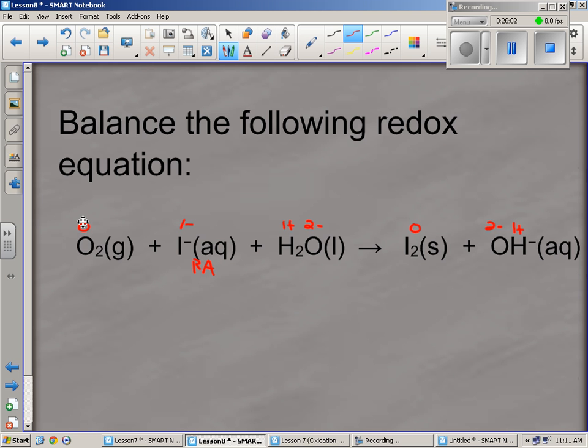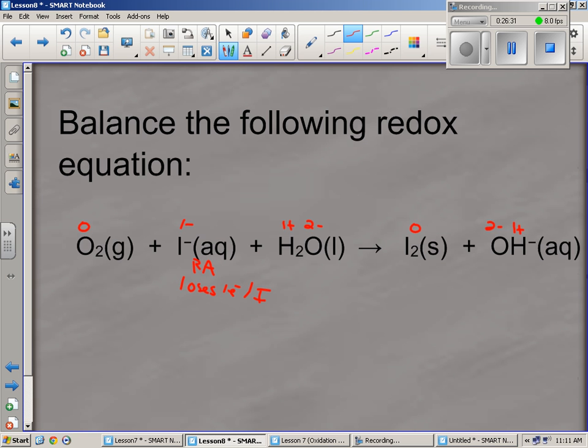So it's being oxidized. So this is a reducing agent. Okay. And while I'm on there, I might as well talk about how many I'm basically doing here. Being oxidized, so we're losing. Well, look, 1 minus to 0 loses 1 electron per iodine. Right? So listen, this is important. How many I's do I have here? 1.